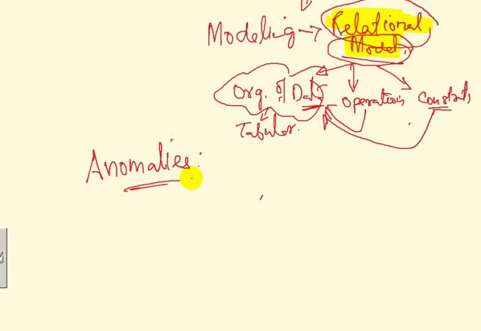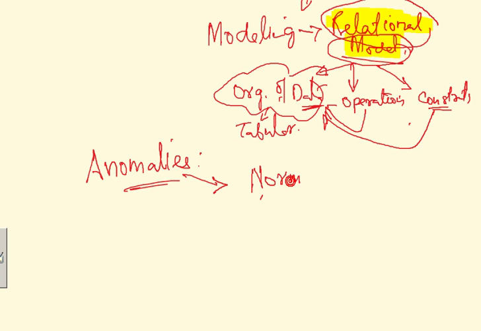We'll see what kinds of anomalies there are. To remove the anomalies, we are now tuning this model so that it becomes perfect, consistent, error free, with no anomalies, and that is called normalization.